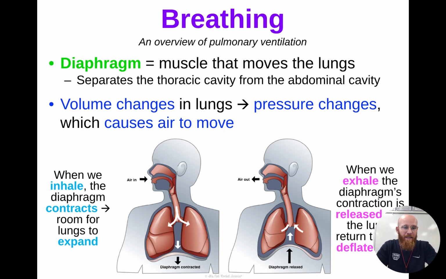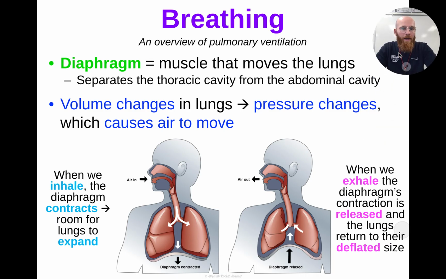So breathing, or AKA pulmonary ventilation, okay? There's some key contributors here. You have your diaphragm, and this is a muscle that moves the lungs, okay? So when the diaphragm contracts, that diaphragm is going to move inferiorly, and this is going to create more space. Okay, so basically this diaphragm separates your thoracic cavity and your abdominal cavity.